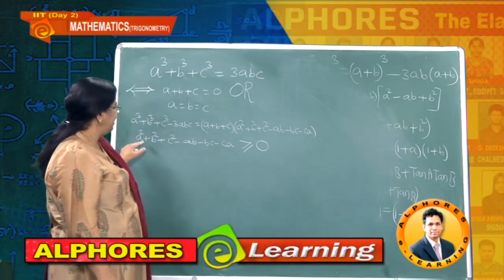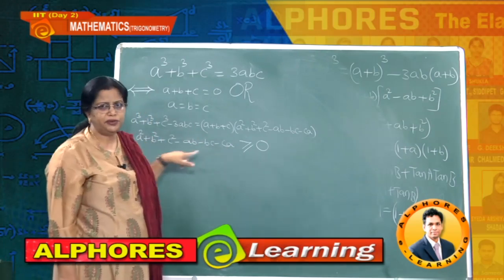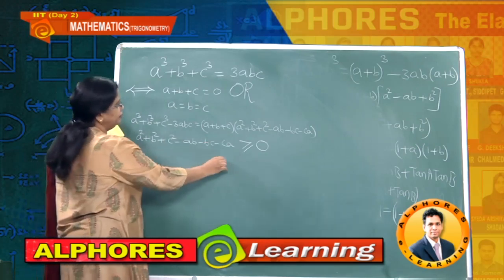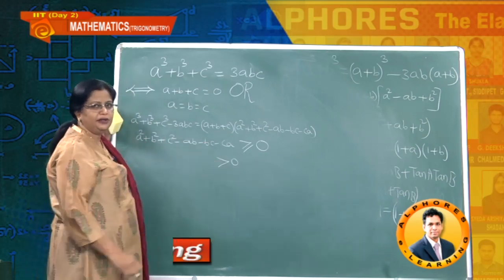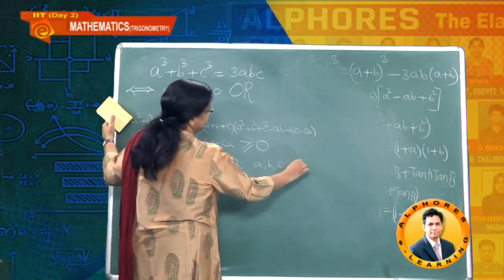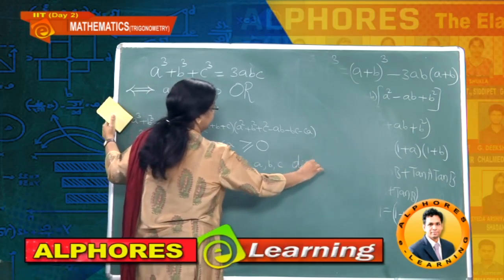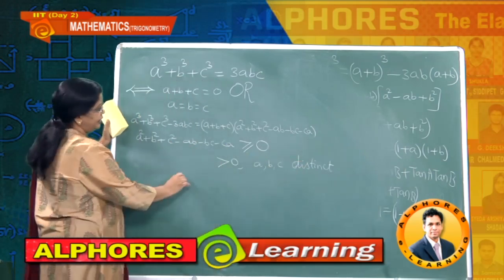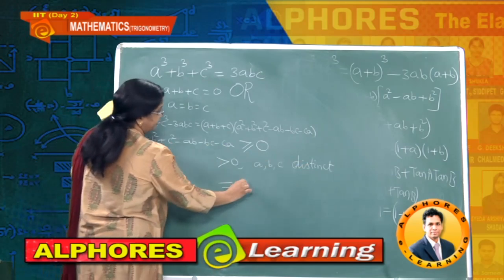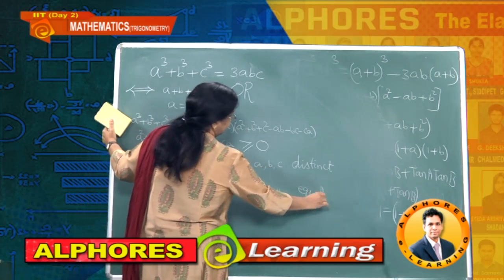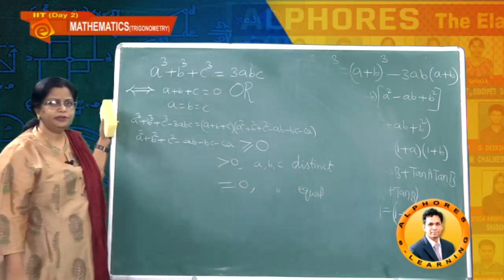For every real number a, b, c, this is true. And strictly greater than 0 is applicable when a, b, c are real numbers which are distinct, all different, and this is equal to 0 when a, b, c are equal, that is a equal to b equal to c.